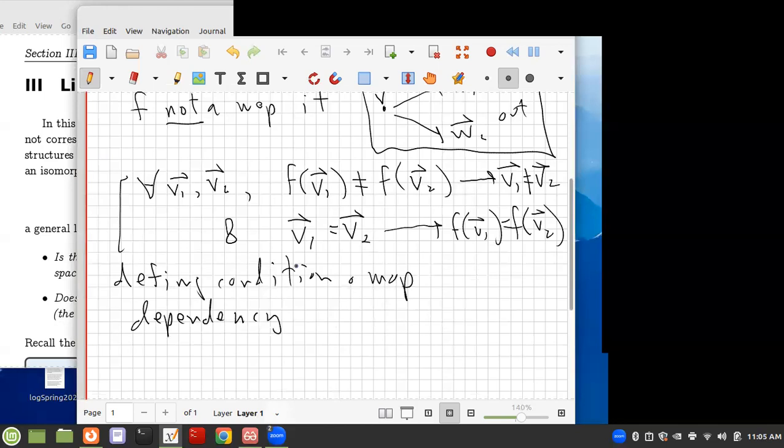Well, you can't have two different numbers of cars going over the road at that point. There's either going to be 20 cars or 23 cars, but you can't have 20 cars and 23 cars. You're looking for a connection between time of day and the number of cars that goes over it. That's a dependency relation, so that defines a map.